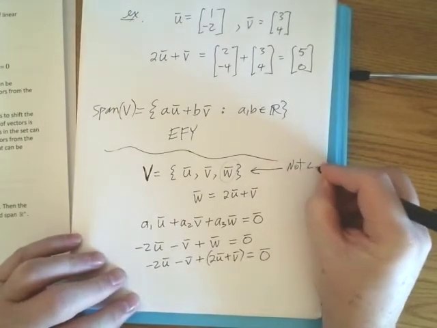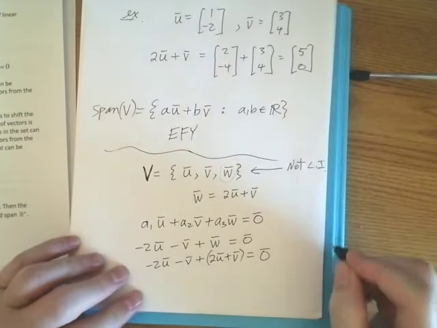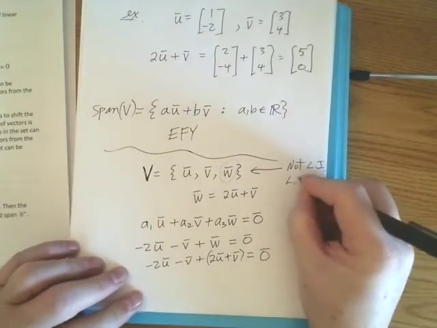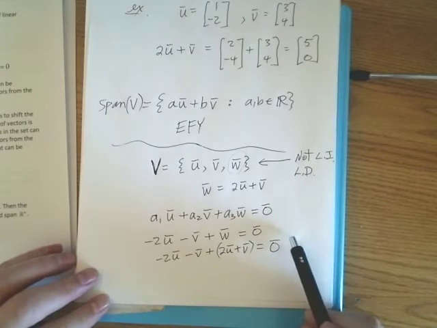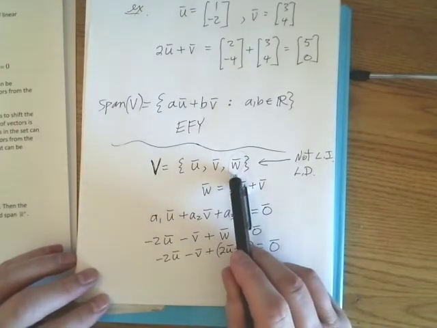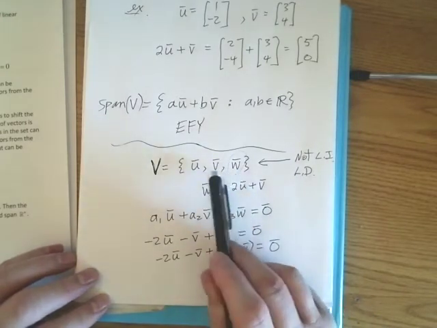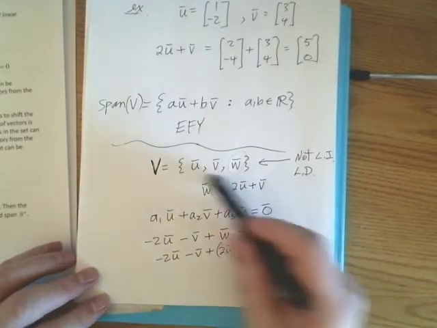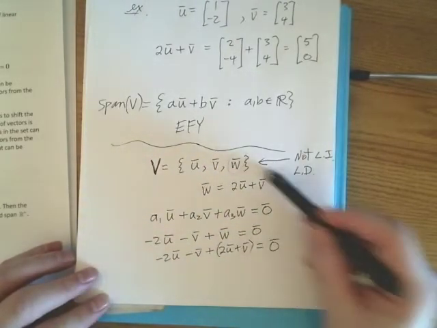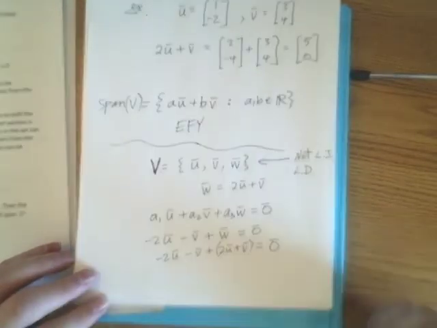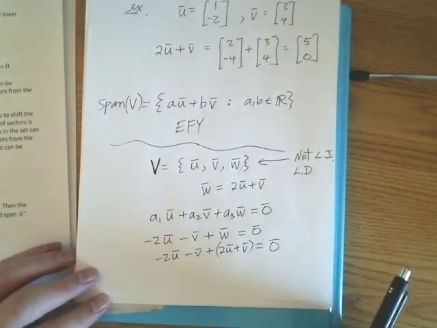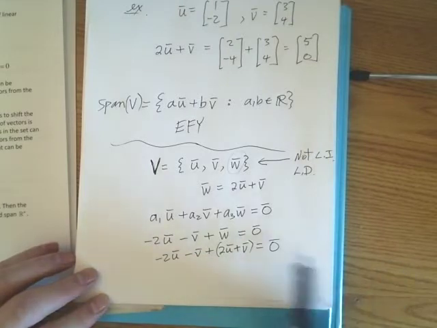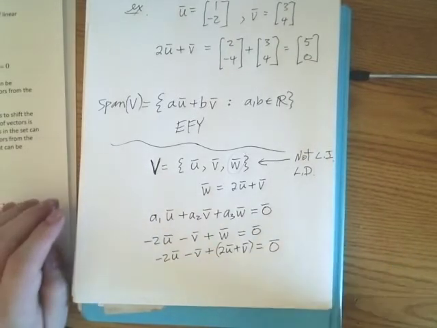So not linearly independent. What's another way of saying that then? Linearly dependent. And you can see this situation's always going to happen whenever you've got at least one of these vectors as a linear combination of the others. Can you see that I could always play this little trick here and get the zero vector without having the A scalars being zero? I hope that makes that idea clear.